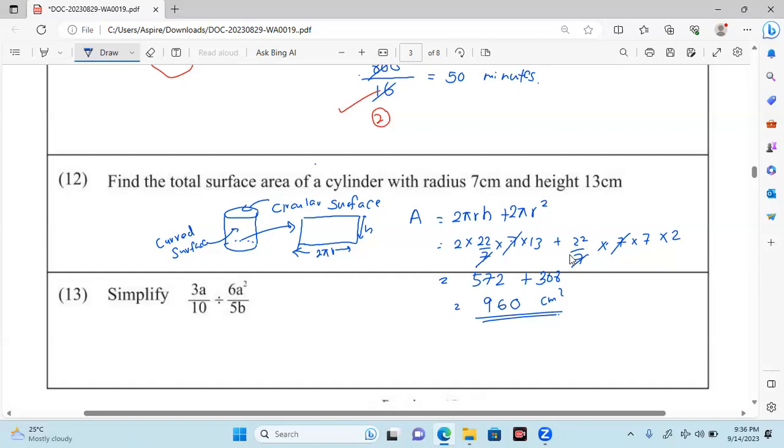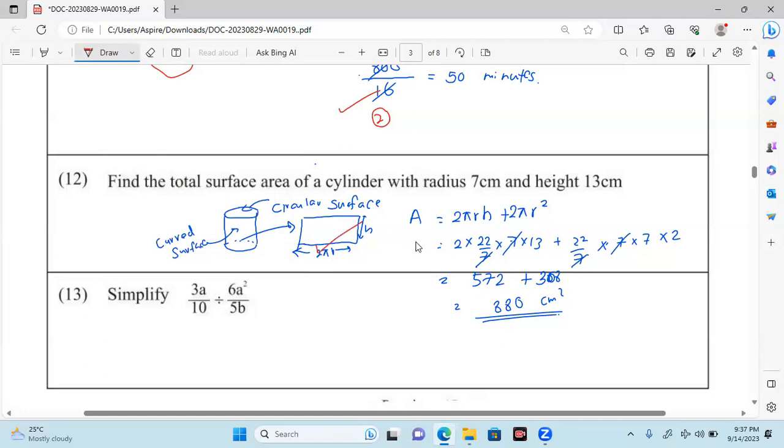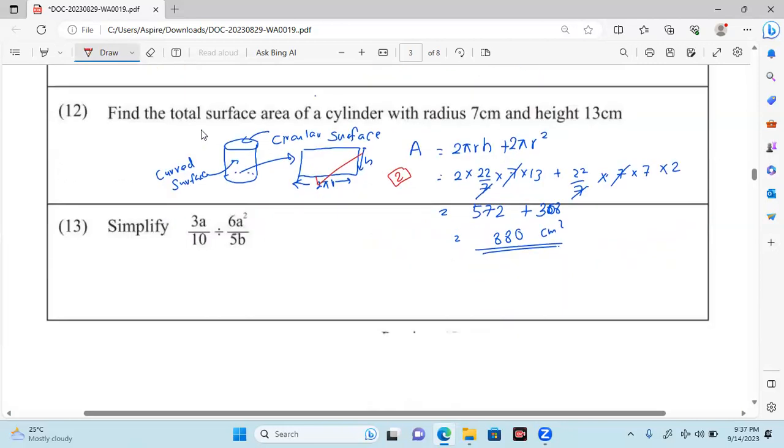Yes, it is 880. 308, no? Sorry, I have got a wrong answer. Yes, then we can obtain it is 880 square centimeters. For that one also you are given 2 marks.